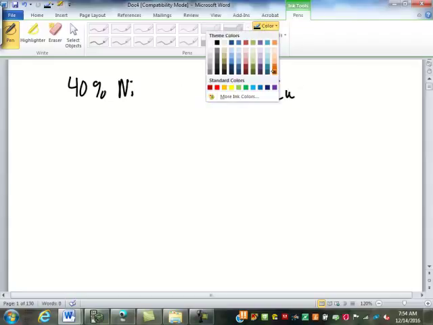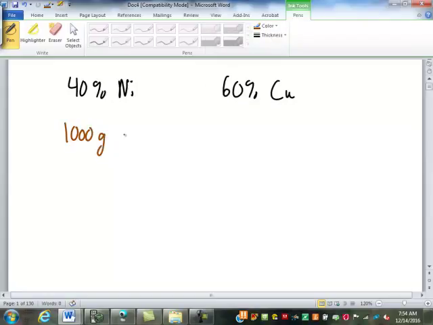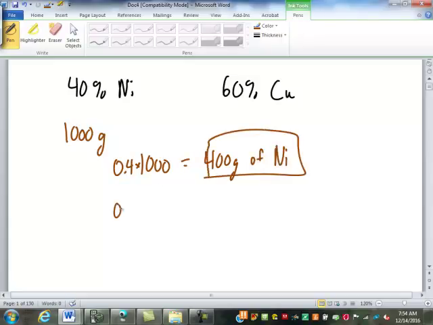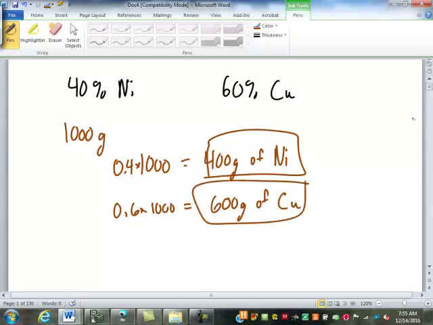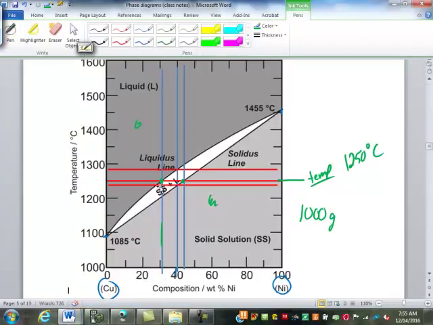If we had 1,000 grams of that, that means 0.4 times 1,000 is 400 grams of nickel, and 0.6 times 1,000 is 600 grams of copper. Does that make sense so far? So what we want to figure out right now is how much of that 1,000 grams is liquid and how much of that 1,000 grams is solid.